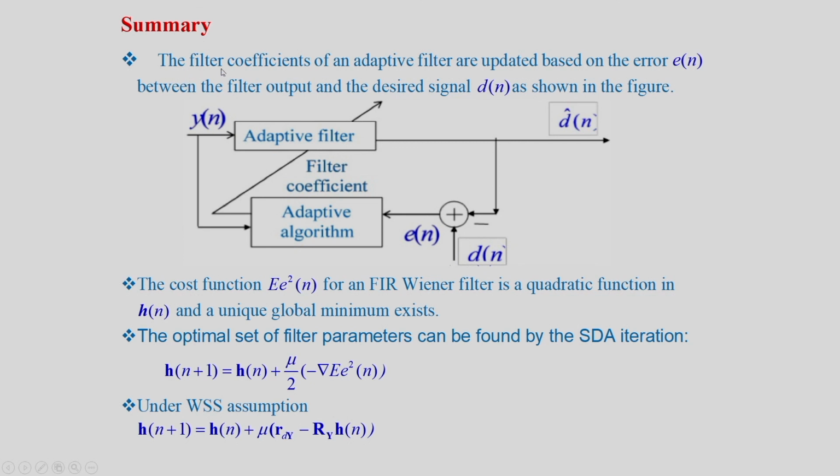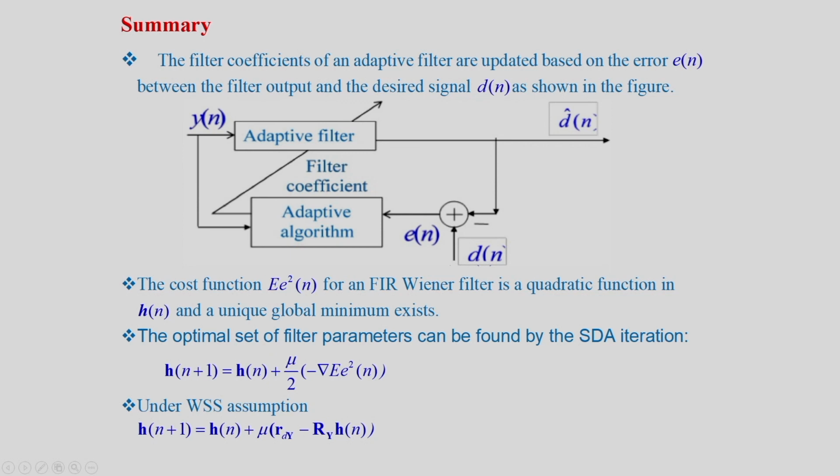Let us summarize the lecture. The filter coefficients of an adaptive filter are updated based on the error en between the filter output and the desired signal dn, as shown in the figure. This is the adaptive filter, and the filter coefficients are determined according to the adaptive algorithm.